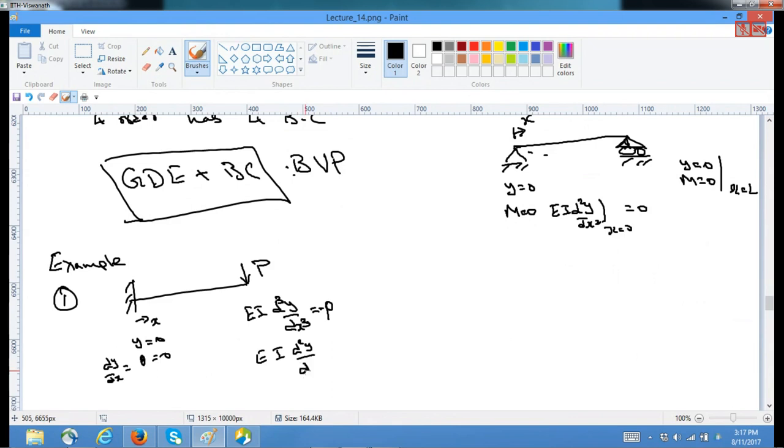So we can solve this using EI, but this means I need to integrate it 4 times.